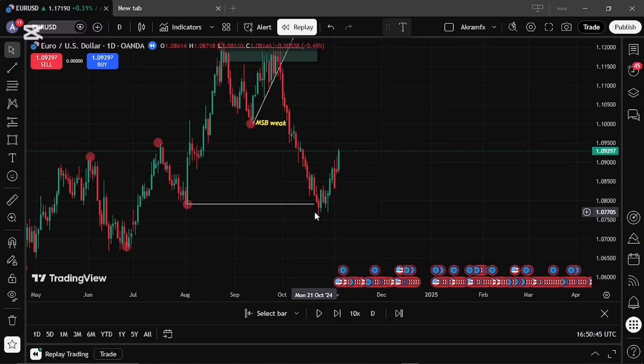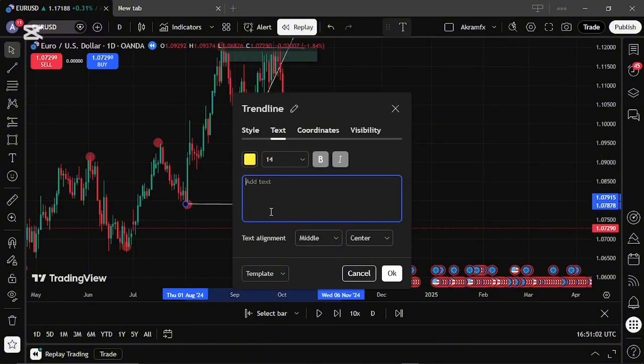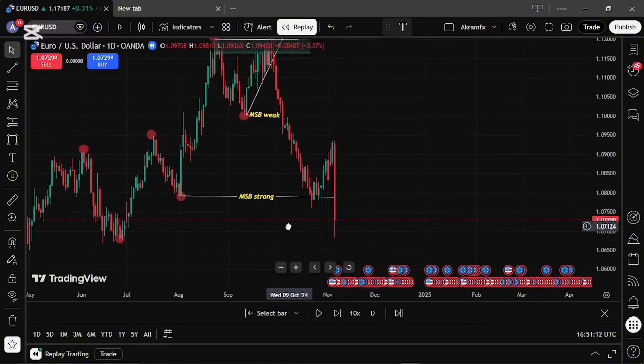This could be a good break, but we need a full body outside. And when we see that, immediately we are having a strong market structure break from here. With this strong market structure break, we can now confirm that the trend is turning bearish.